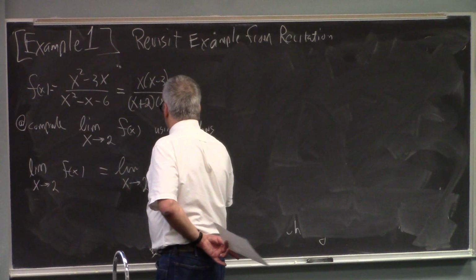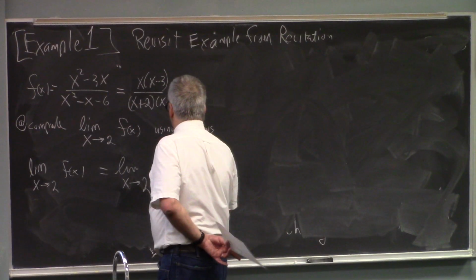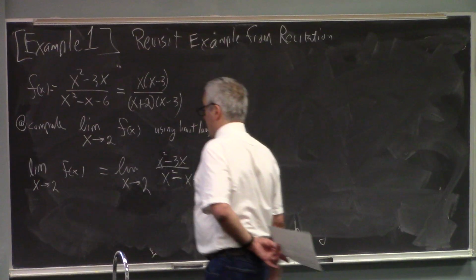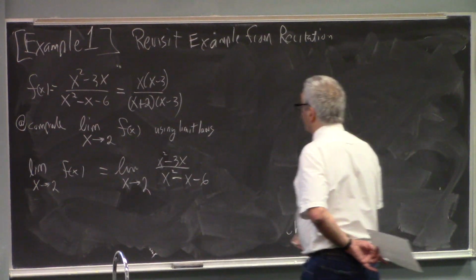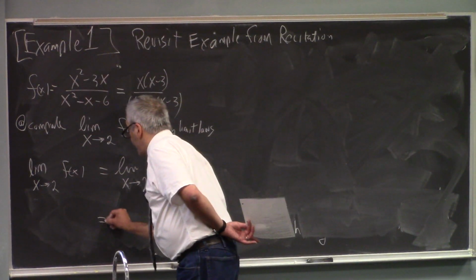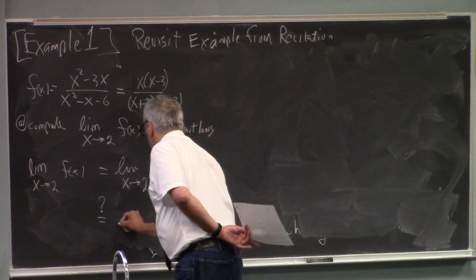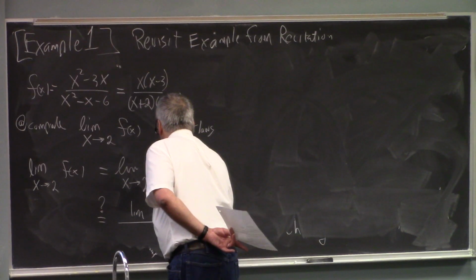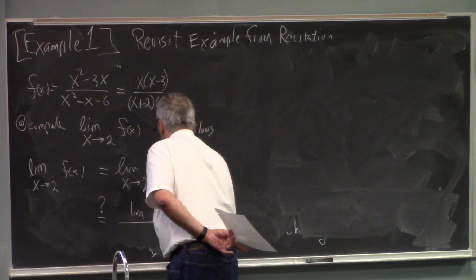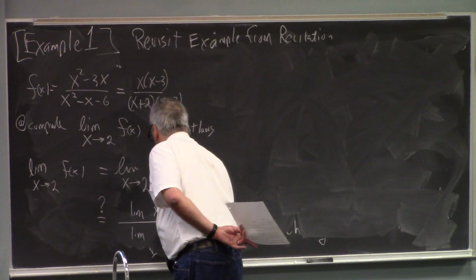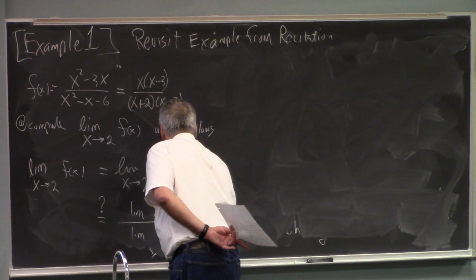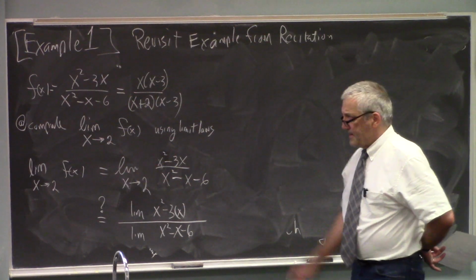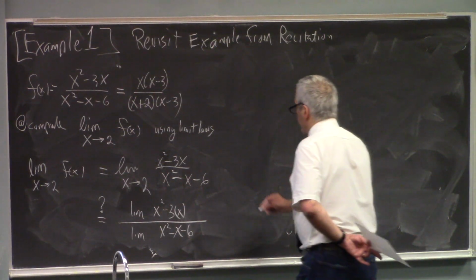Limit as x approaches 2 of x squared minus 3x over x squared minus x minus 6. Now, I'm going to put a question mark here. Is this equal to the limit of x squared minus 3x, that is the limit on the top, divided by the limit on the bottom? We're not sure about this step. Why? Well, you're going to see in just a minute.